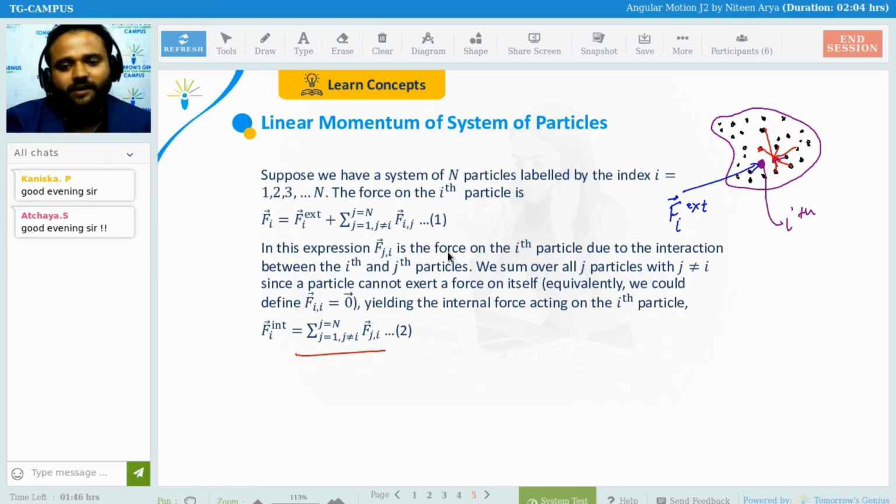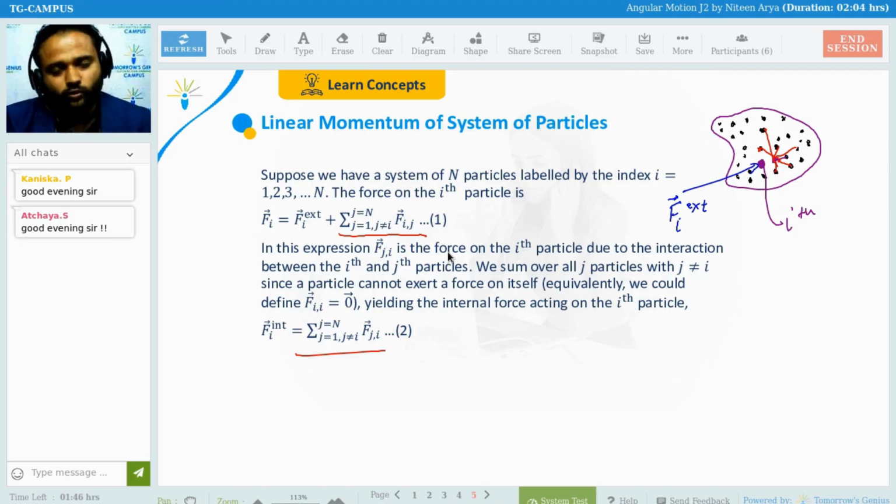Basically, if I apply any external force anywhere, at this particular point, I can say the ith particle. This internal force is nothing but the effect of the other particles on the ith particle.